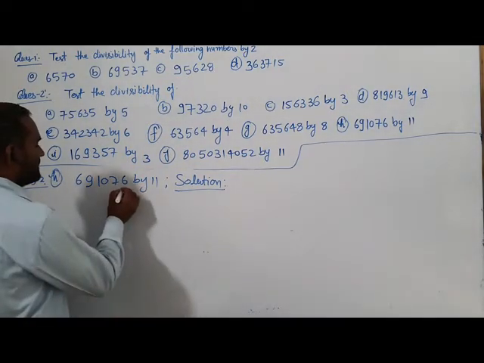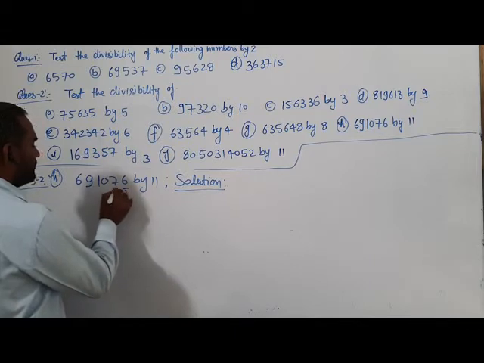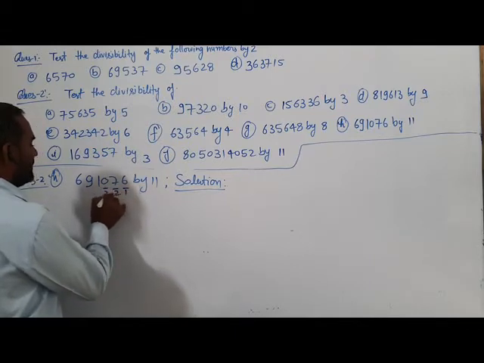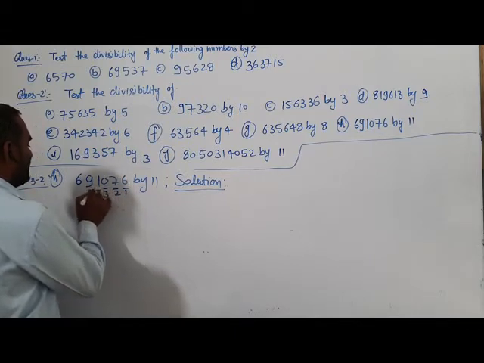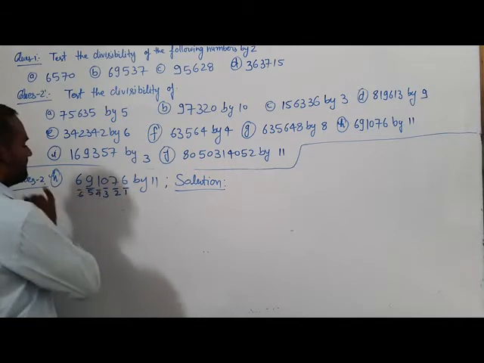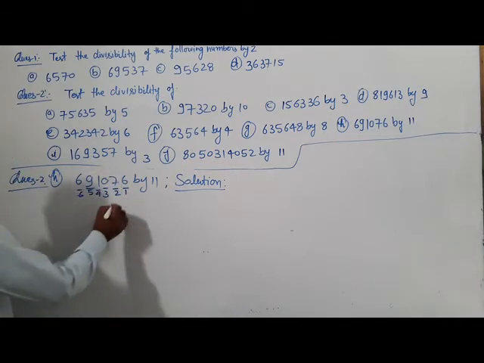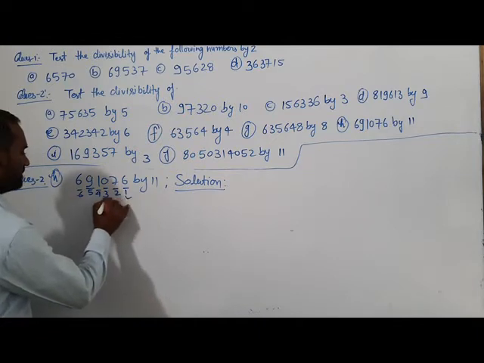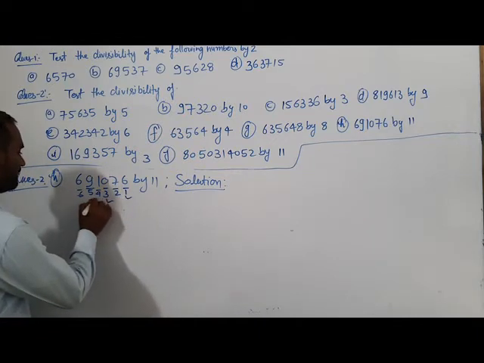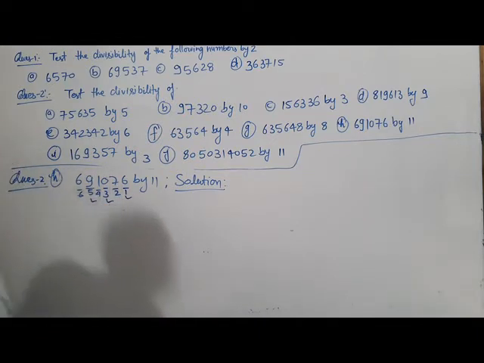So this is the first place, second place, third place, fourth place, fifth place, and sixth place. So the even places are these, and the odd places are 1, 3, 5.